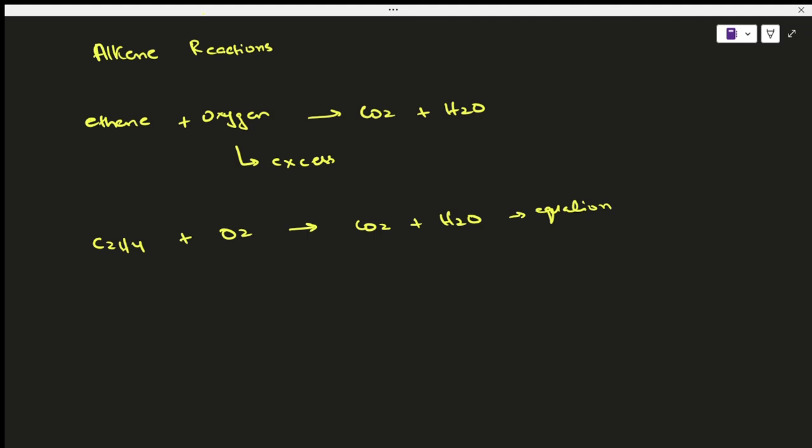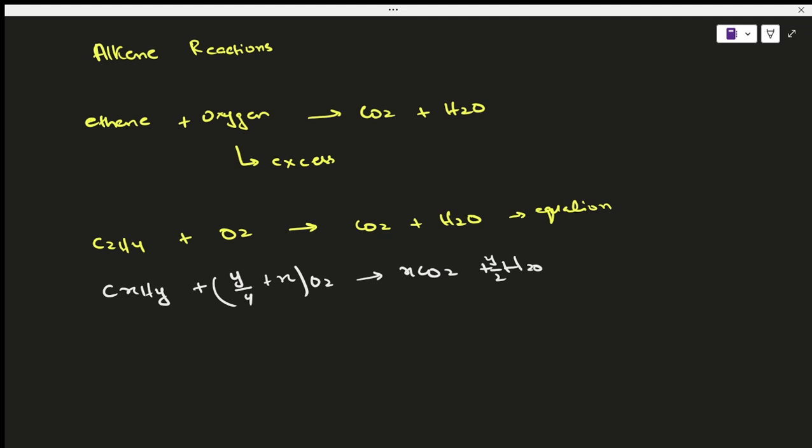And if I were to balance this equation, if you remember from alkenes, this was the general equation for balancing: CxHy plus oxygen gives xCO2 plus y over 2 H2O.